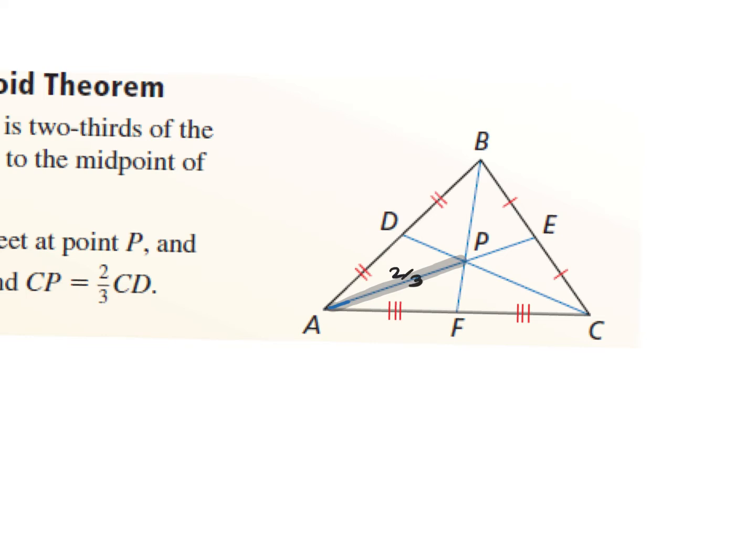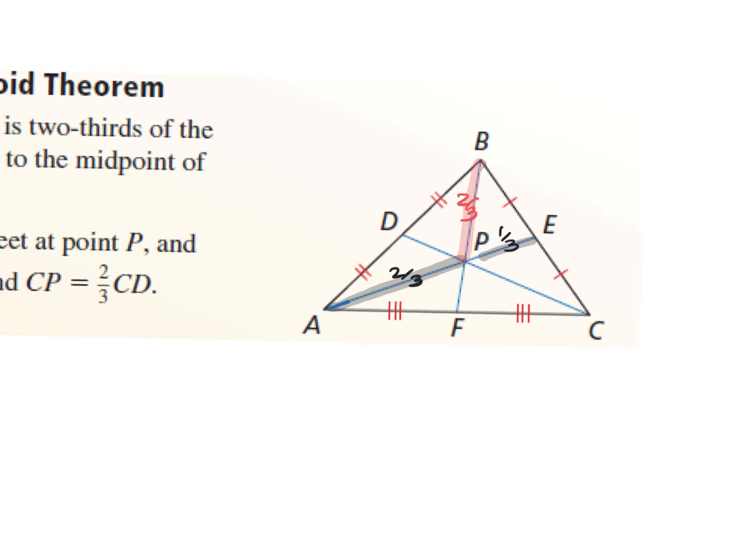And then when it continues after point P to the side of the triangle, this is going to be the 1/3 portion. And this will happen coming out of each and every vertex. So coming out of vertex B, the vertex to the centroid is the 2/3 part.